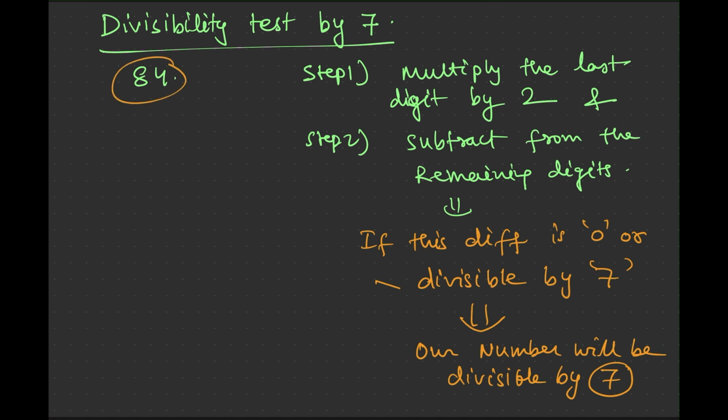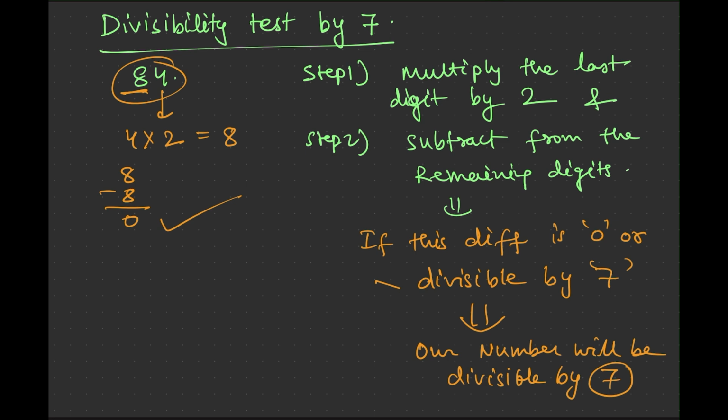So let's see. So the last digit is 4. We will multiply 4 by 2, we get 8, and if we subtract 8 from the remaining digit, 8 minus 8 is 0, so 84 is divisible by 7.